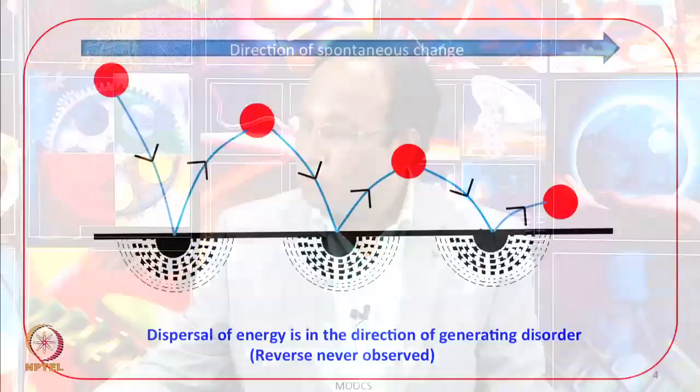That never happens. That is not a spontaneous process. So therefore we can conclude that the dispersal of energy is in the direction of generating more disorder. So we have connected the direction of spontaneous change towards generating more disorder.